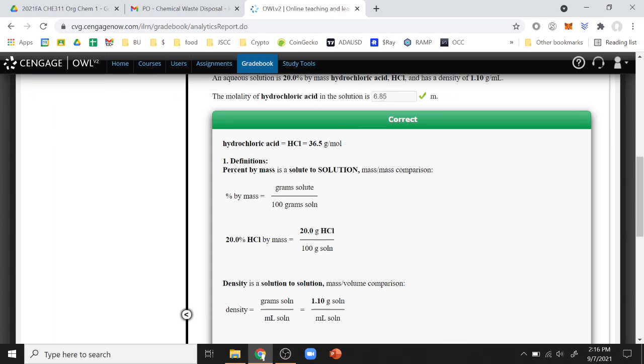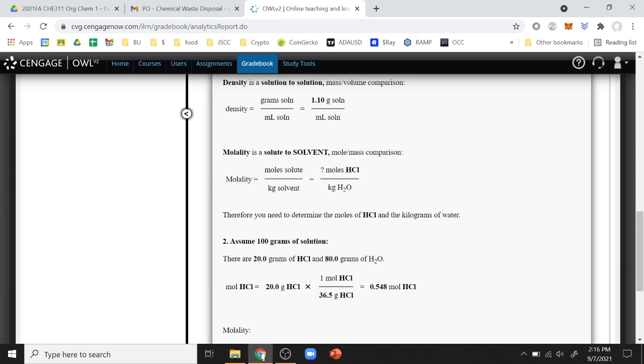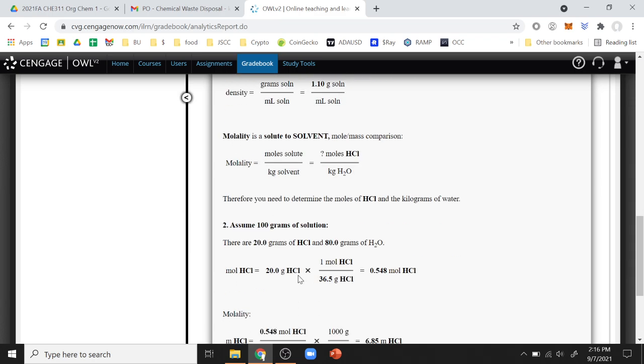We know that we have 20 grams of HCl, so all we have to do is take that number of grams of HCl, we divide it by 36.5 grams of HCl for every 1 mole of HCl, which is our, again, molecular weight or formula weight, depending.